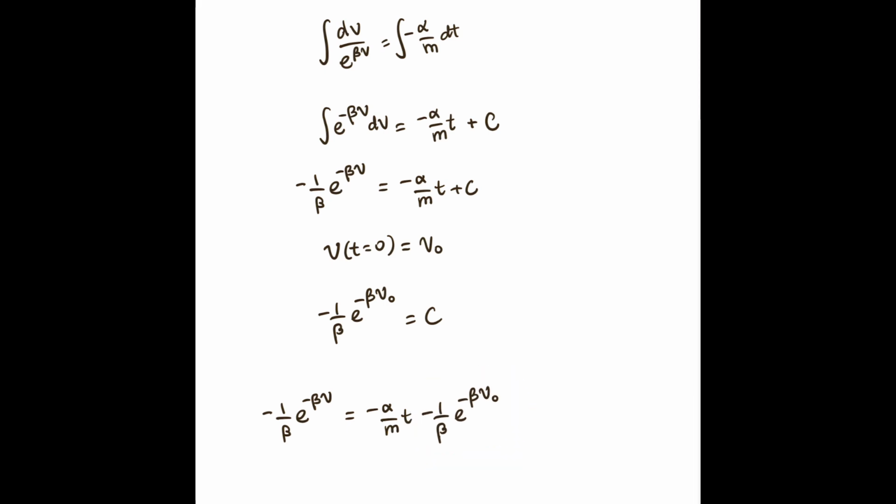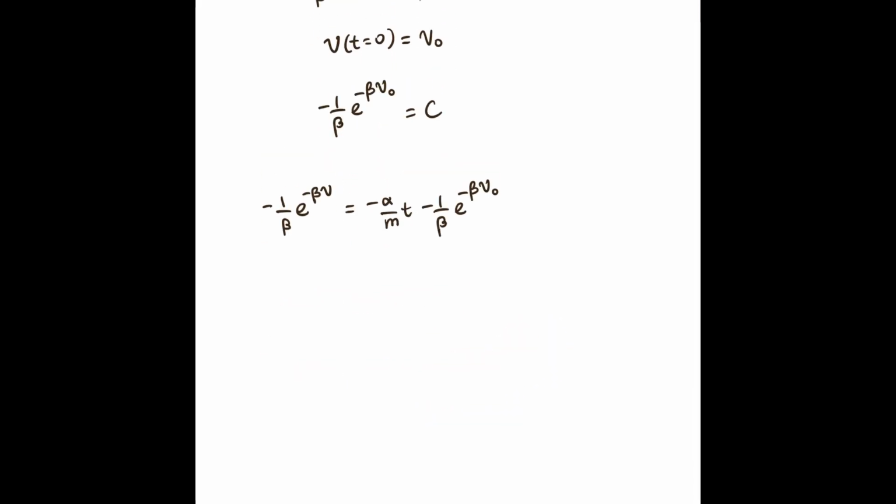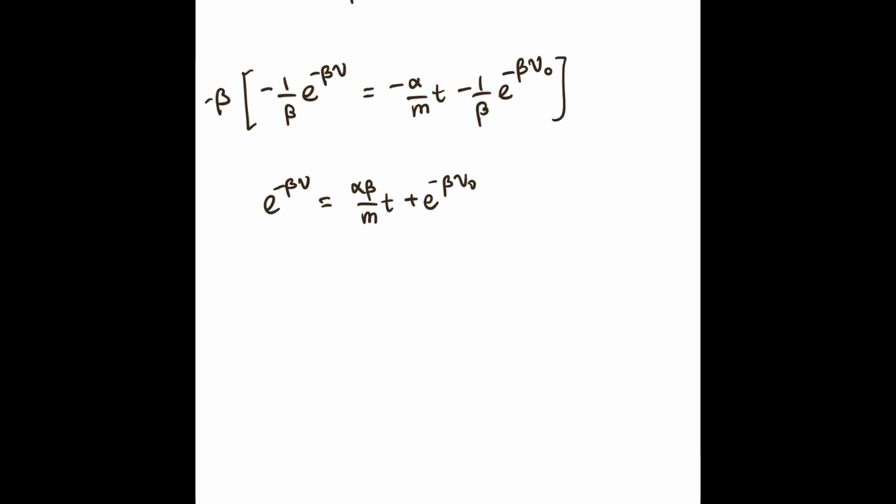And now we want to solve for the velocity as a function of time. So the first thing I'll do is multiply everything by negative beta. Then take the natural log of both sides.